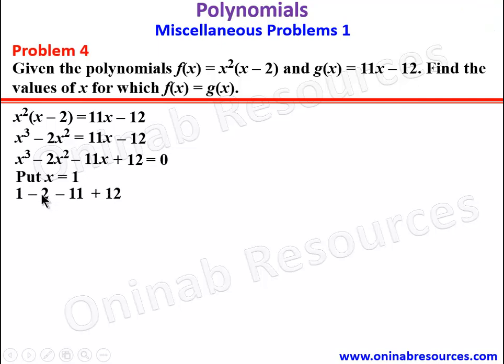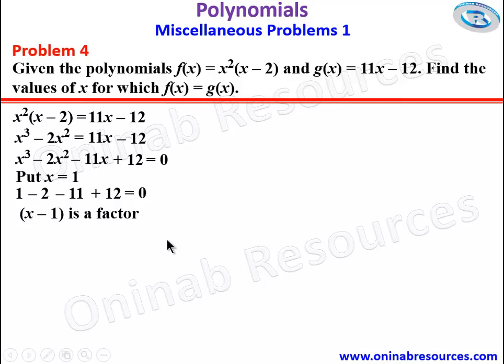So this is going to give us negative 13, and this gives positive 13. So it is equal to 0. So with that, we say x minus 1 is a factor of the left hand side of the equation. That is a cubic equation.